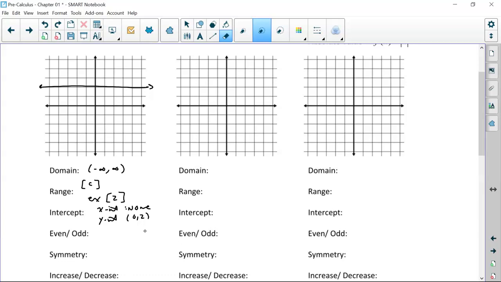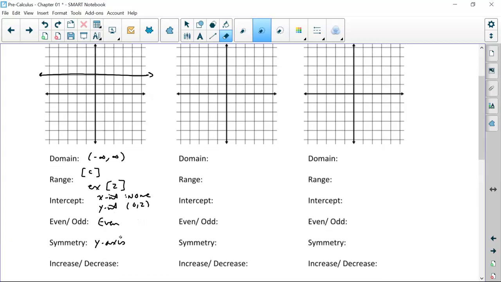This has y-axis symmetry, meaning it's an even function. Increasing, decreasing. This one is actually constant. And it's constant for its entire length, from negative infinity to positive infinity. So that's a horizontal line, where it's a constant function.